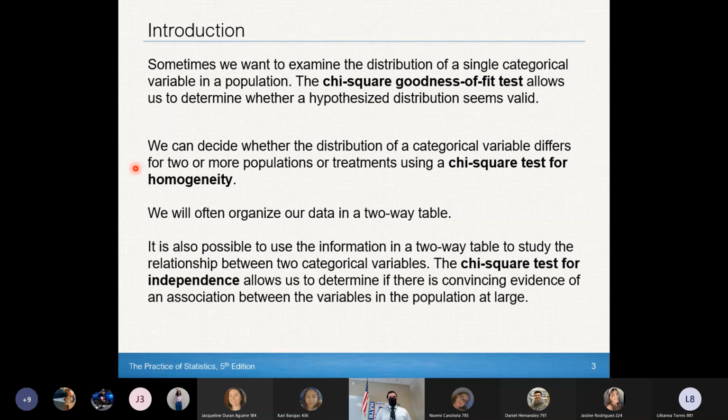The chi-square test for independence, which is another way of using our chi-square statistic, which we'll get to later today, allows us to determine if there is convincing evidence of an association between the variables in the population at large. So our chi-square statistic and our chi-square tests can be used in 3 different scenarios. We're going to focus today on the chi-square goodness of fit test, that first paragraph. And in the next section, we cover the chi-square test for homogeneity or independence.